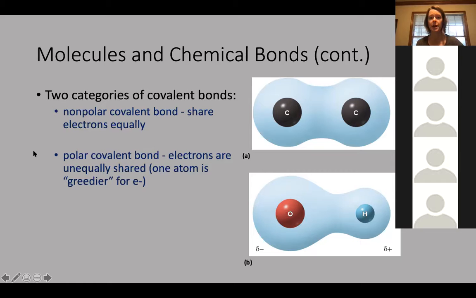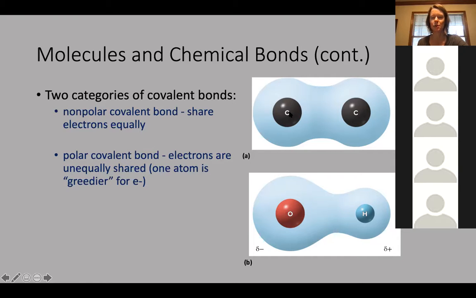So up here we have carbon on top. Two carbons bonding together. Neither of them is going to be greedier for electrons than the other because they're both carbon atoms.